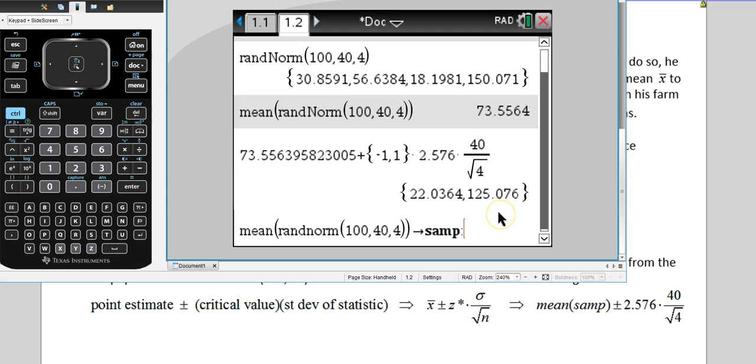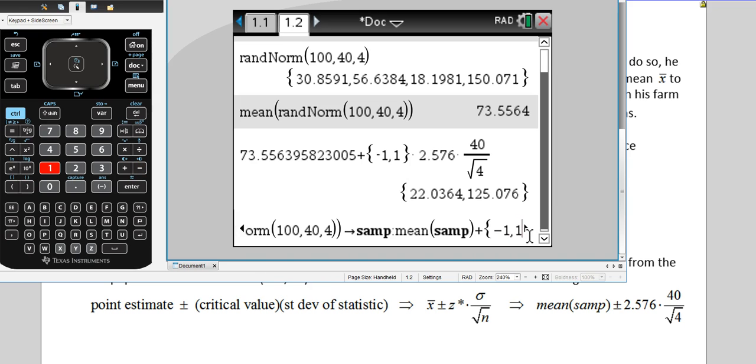That allows me to add another command right below this, and now we're going to say mean of samp instead of mean of all of that other stuff like I did up before. So I've created a sample of 4 tomato weights. I've stored it to the list samp. Now I'm taking the mean of the sample, and then it will be plus and then negative 1, 1.